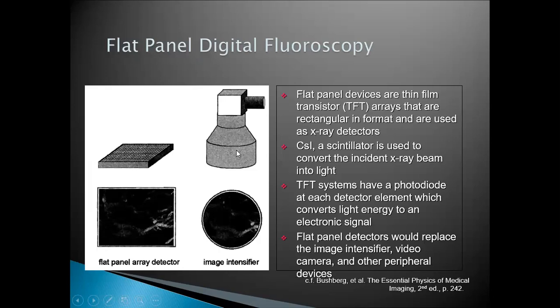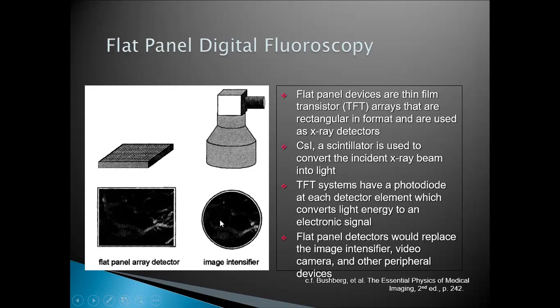This one is circular for its reason, so that the electrons produced can be focused onto the output phosphor. Because this is the output phosphor around this area, and this is where the input phosphor is. This has to be circular so that the focusing will be easier and to achieve the magnification.